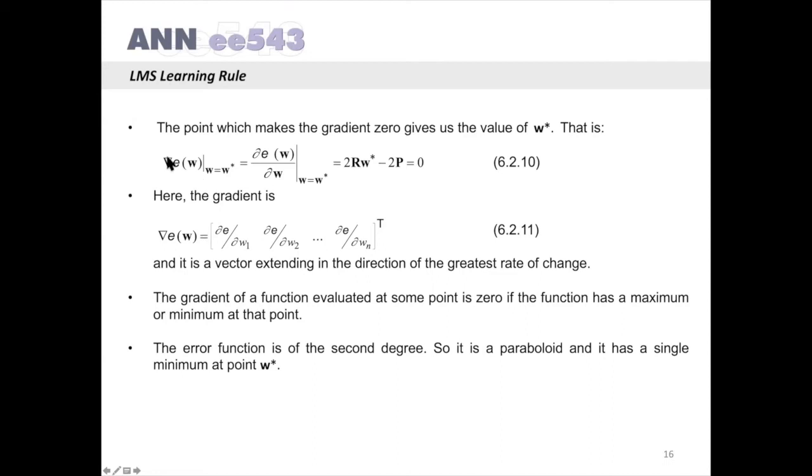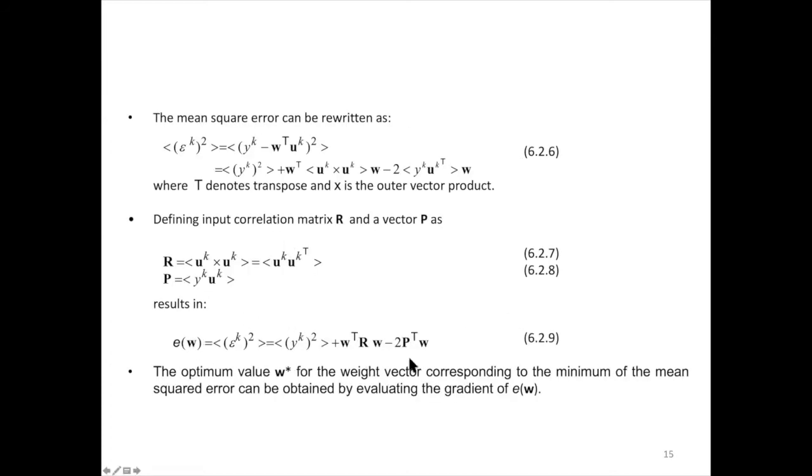That is, the gradient of the error at W equal to W star is the partial derivative of the error with respect to the W vector at W star. If we consider the error calculated here, we have to find the gradient with respect to W.